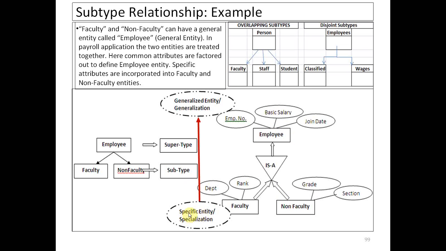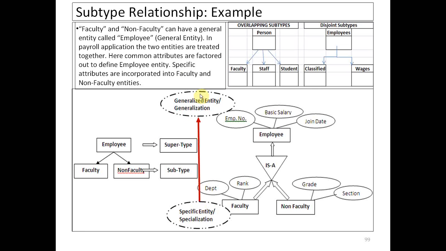When we create specific entities, or specialization entities, over here, we can roll them up towards a generalized entity, or generalization. So employee would be the supertype and faculty and non-faculty are the subtypes. We can roll up or roll down.